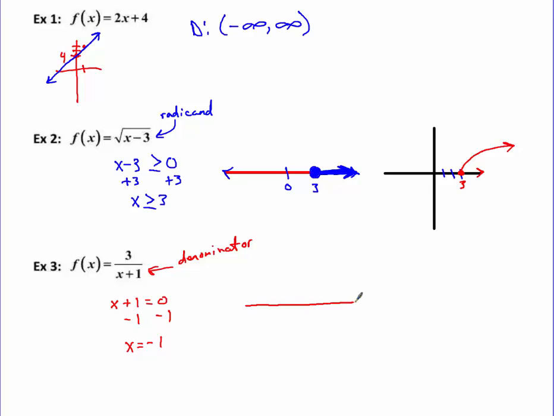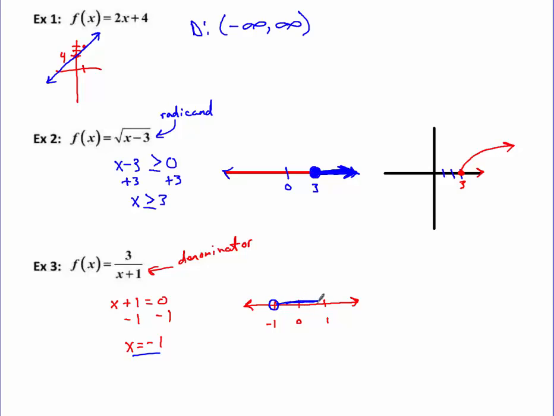So if we looked at a number line for this function, we can pick any values we want to plug in for x, but we cannot pick -1 because that'll put a 0 in the denominator. So -1 is out.